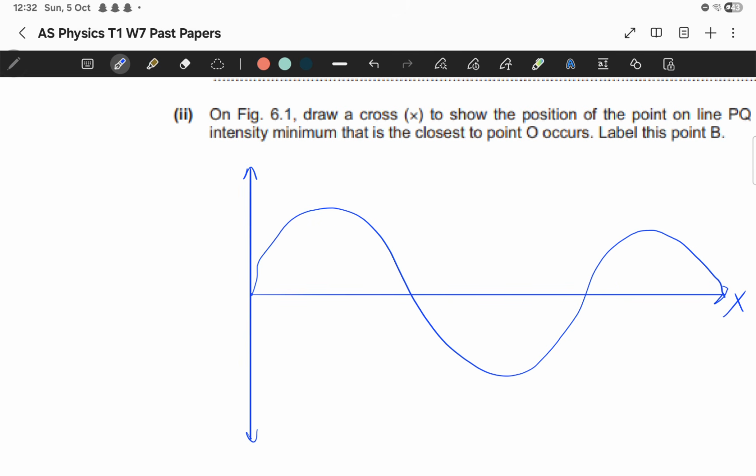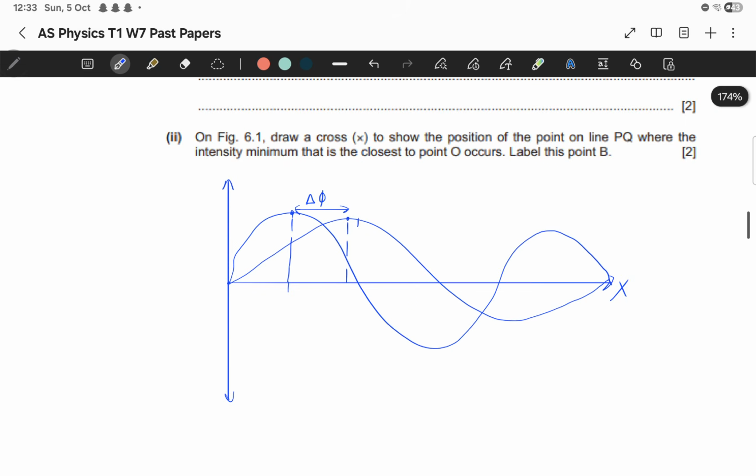Now, here, what the phase difference is, it's the difference between the two maxima. So here's the maximum. Okay, so this is our phase difference. We're gonna call this value delta phi. Okay, this is the phase difference essentially.